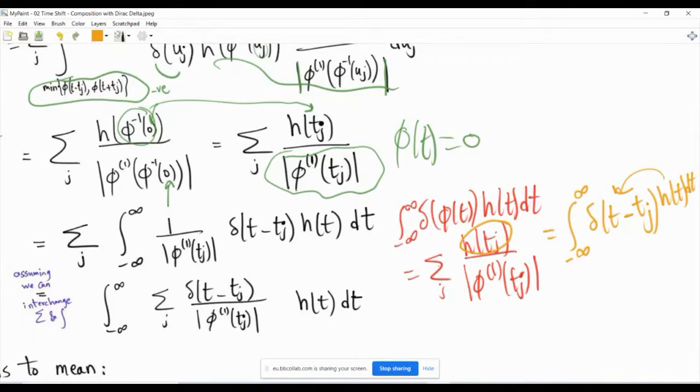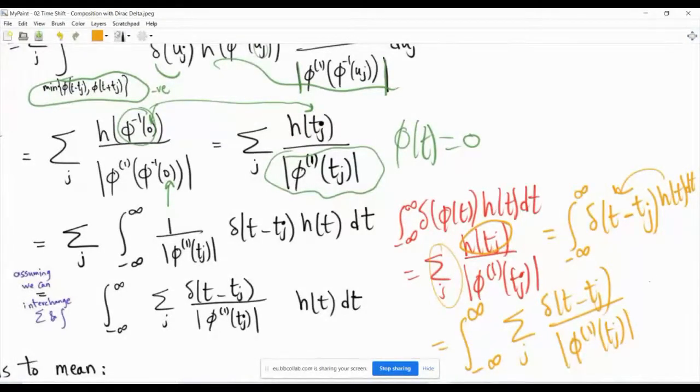Now, if we assume that we can interchange summation and integration, then this can be written as the integral from minus infinity to infinity of the sum over j of delta of t minus tj over the absolute value of phi prime of tj, multiplied by h of t dt. So we started with this integral and ended up with this integral, and we will take it as a matter of equality.